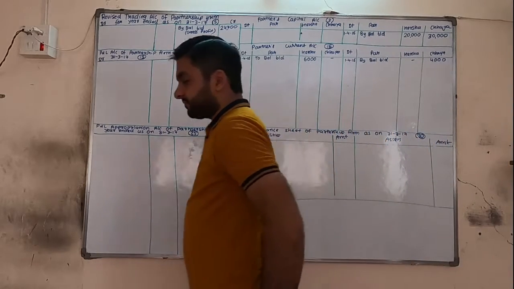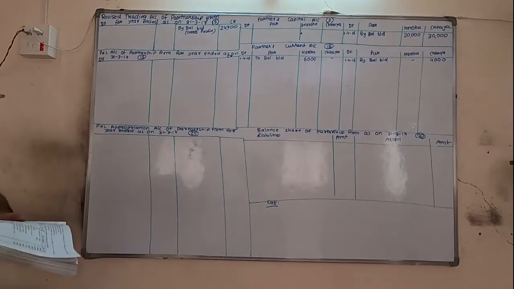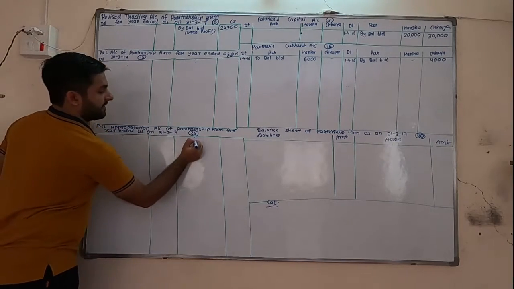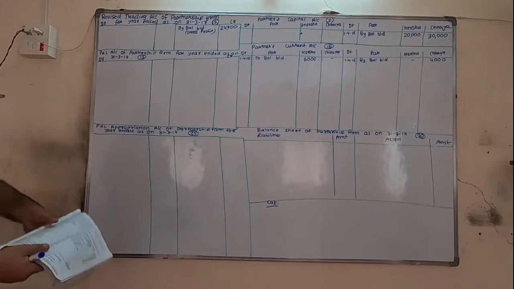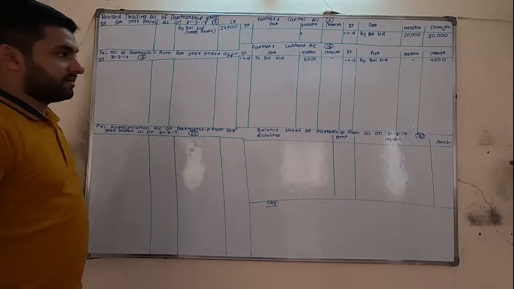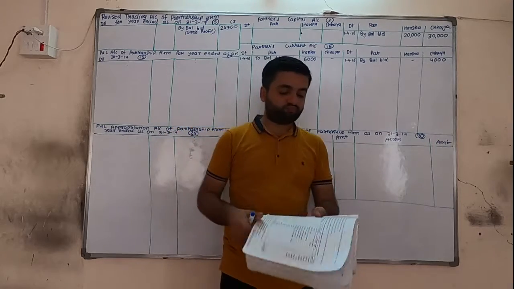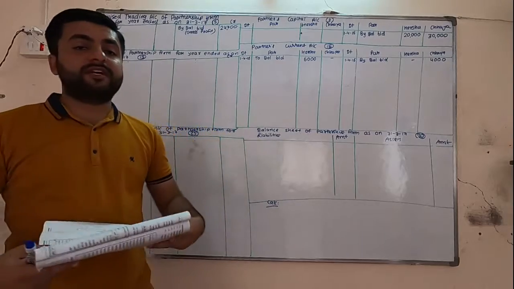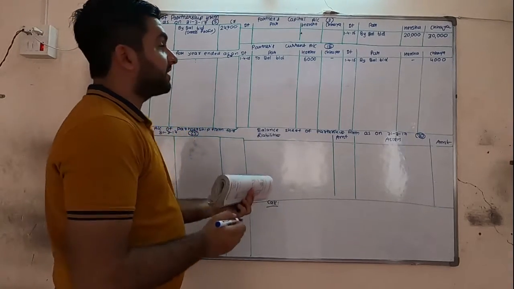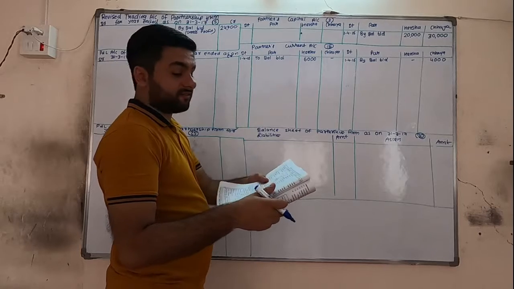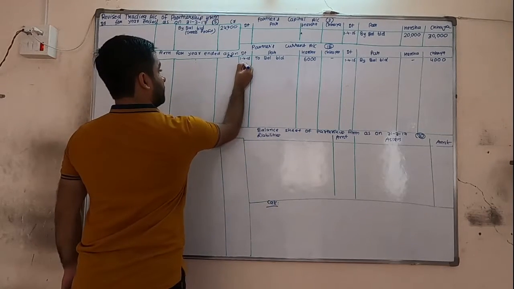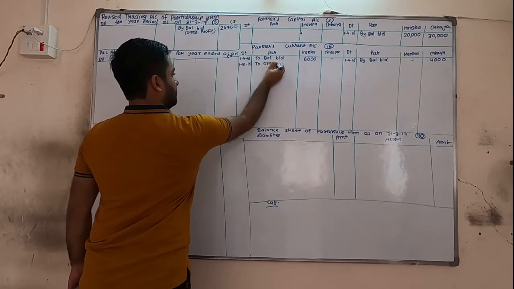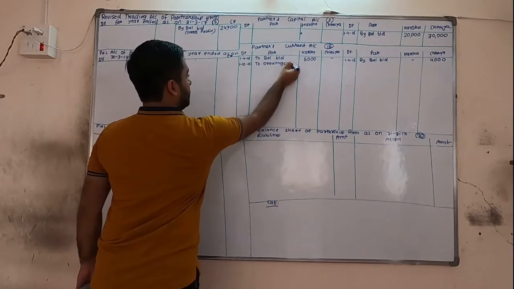Let us go for the debit balance, and before that leave the space. Two lines here and here, two lines here and here. Okay, let us start. Drawings. When there are capital and current account both, then drawings are shown on the debit side of current account. And both have different dates, so show differently. 1/10/16, to drawings account.